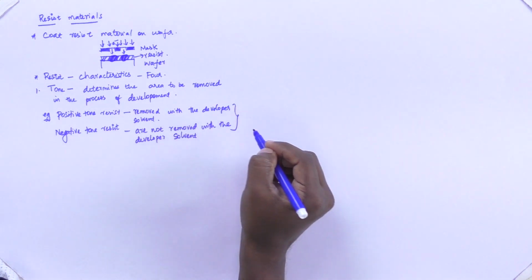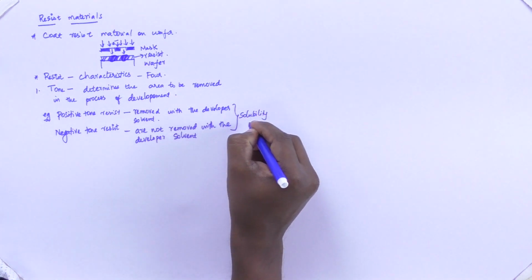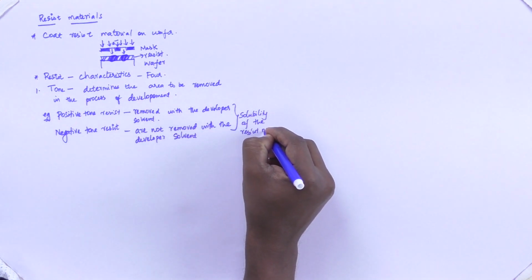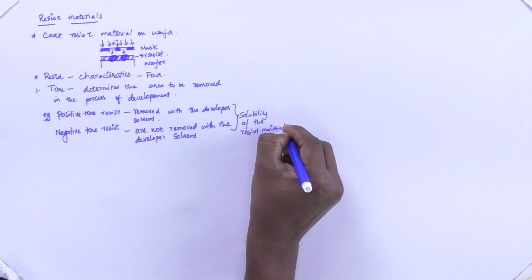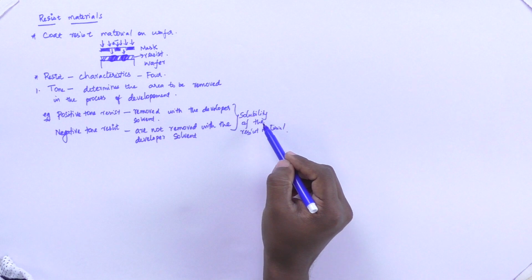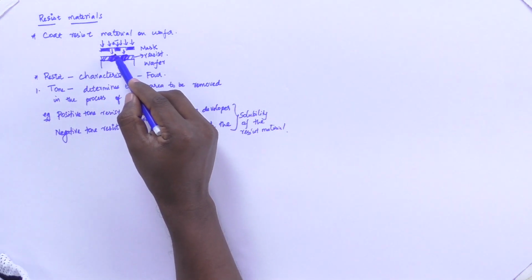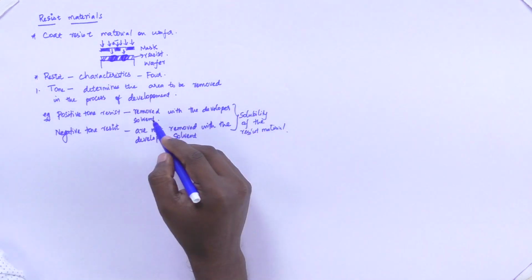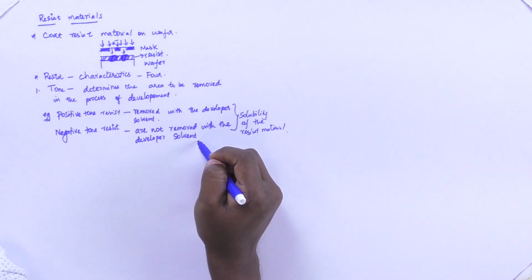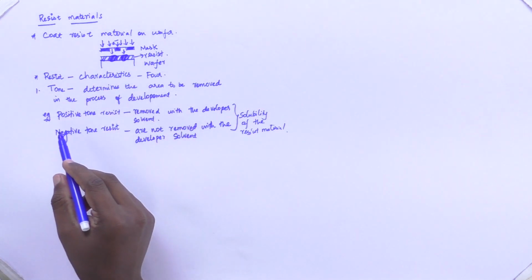These two types are differentiated based on the solubility of the resist material after the impact of the electron beam. The solubility of the resist material will vary according to the change that happened during the interaction of the electron beam with the resist material. When its solubility is increased, it will be removed. If it is decreased, then it will not be removed, and it will be removed in the places where it is not subjected to the electron beam.